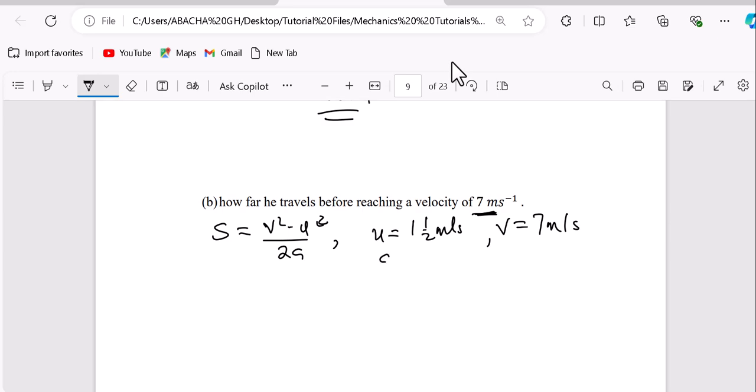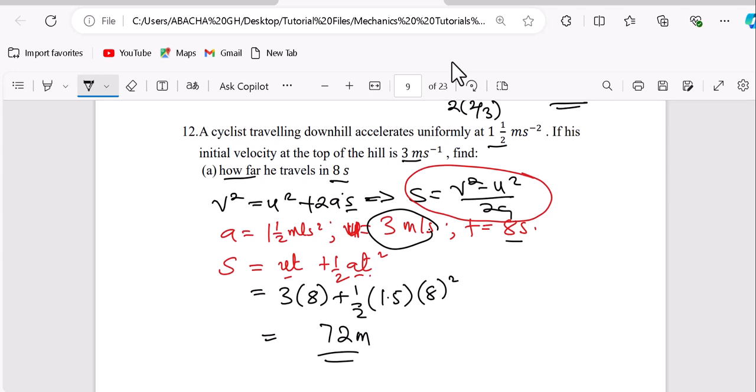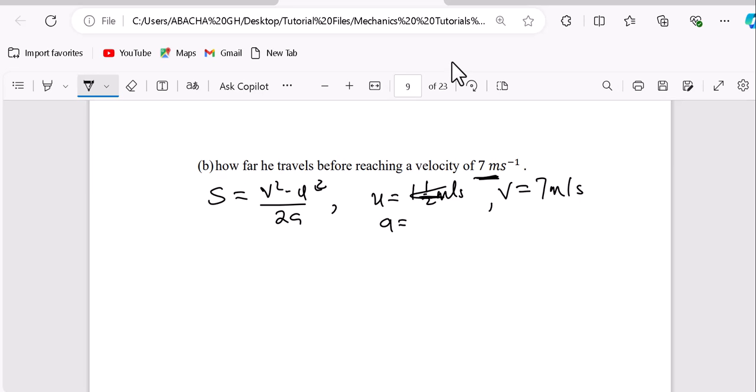So substituting, our final velocity is given here, 7 meters per second, and in the question the initial velocity is actually 3 meters per second, and his acceleration is 1.5 meters per second squared.